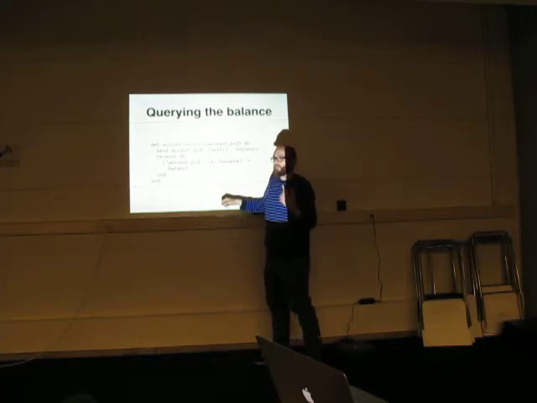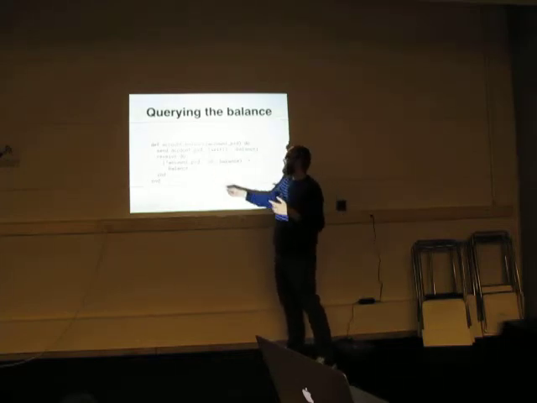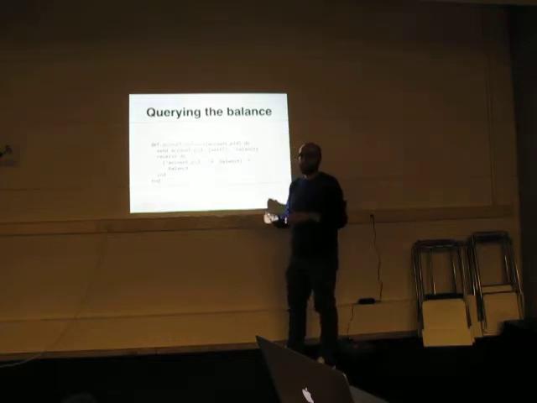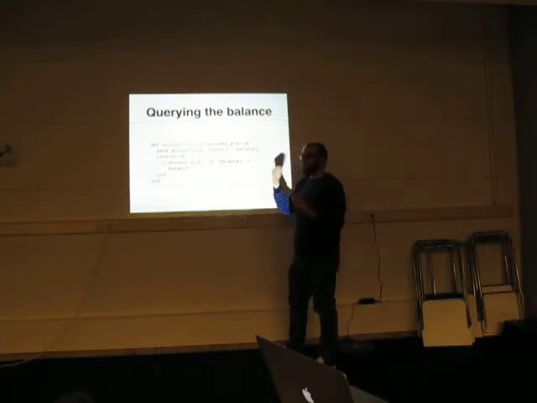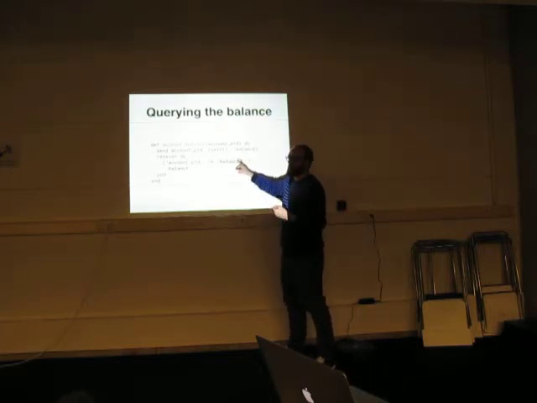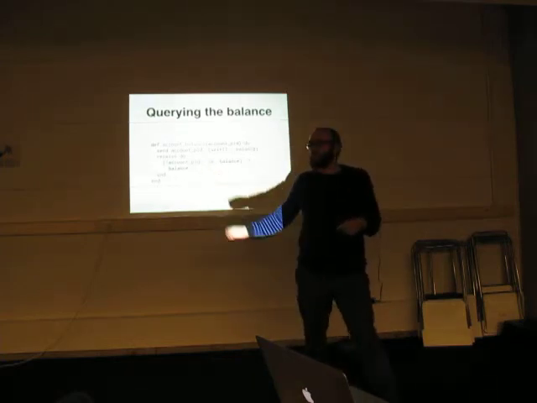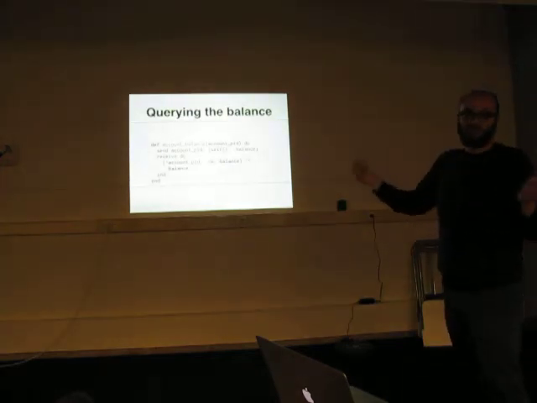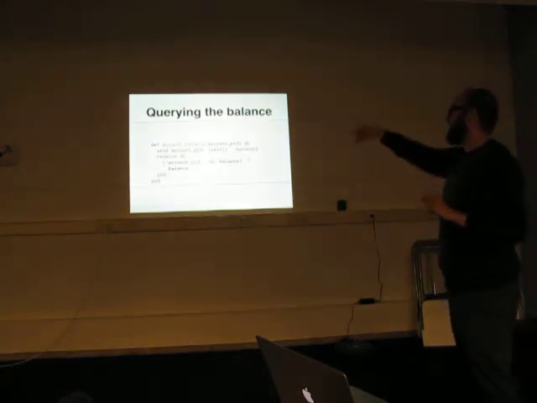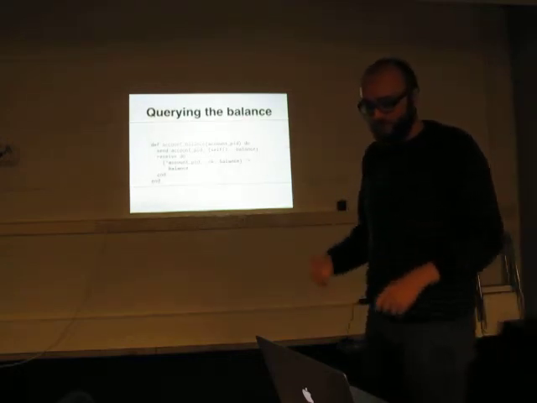And I'm only interested in messages that went okay. If the process didn't go well, then I don't care, I will just crash. And this is the new balance, and the actual value of the balance will be bound to this variable, and we just return this variable. In this case this is a synchronous call, but you could also make it asynchronous, JavaScript style, by passing a function as a parameter, and the function will be called when the message is received, for instance.